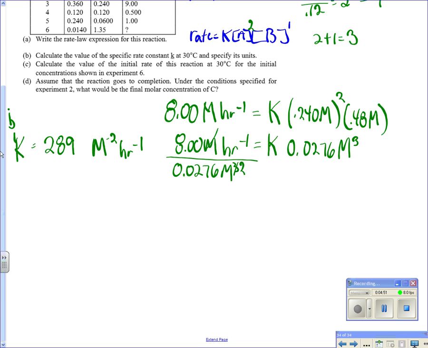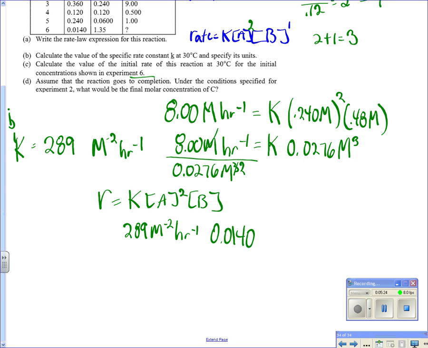I can see up here that for experiment 6, which they're asking me for, they give me some numbers and I know my values. And so again, rate equals K, A squared times B. Now I know everything but rate. So K is 289, and I know A for the reaction, and that's going to be squared.